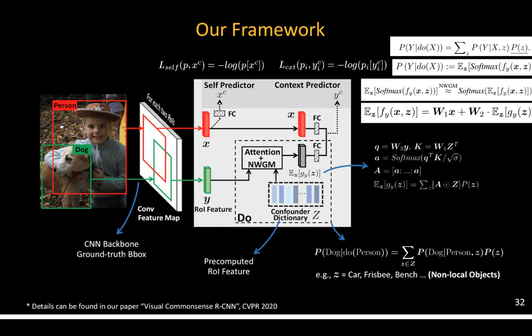Although this confounder dictionary is predefined and pre-learned, it has a strong assumption that you already know and observe all the confounders, which may be a strong assumption, but this do calculus in this whole framework is still very promising for me.